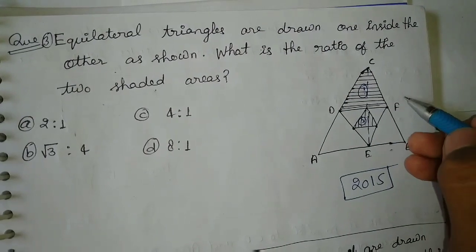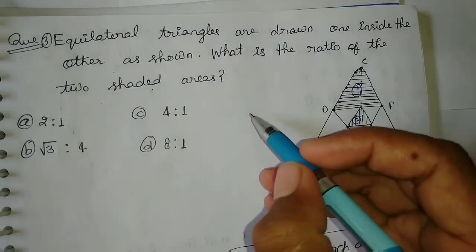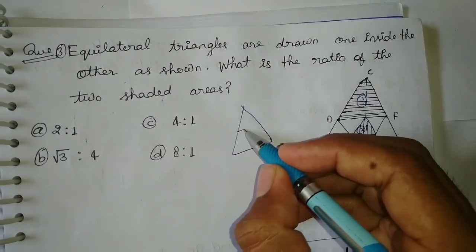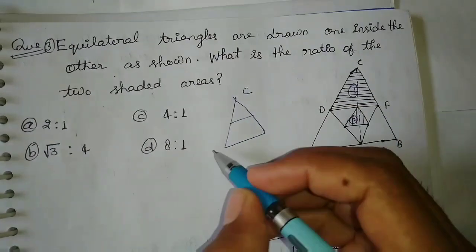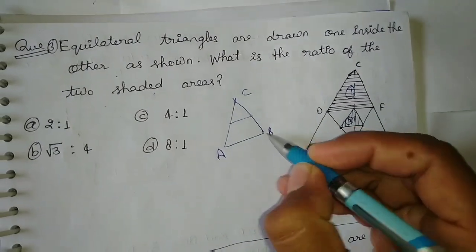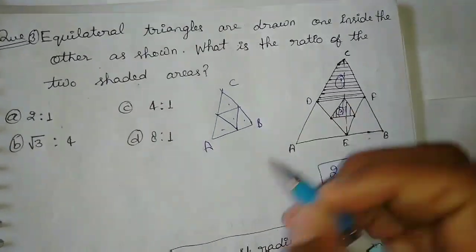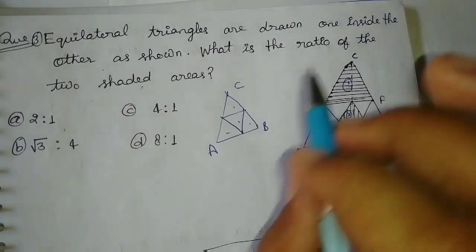First of all, take this DCF. In this triangle, you just divide the bigger ABC into 4 parts: 1, 2, 3, 4. These are the 4 parts of the bigger triangle.